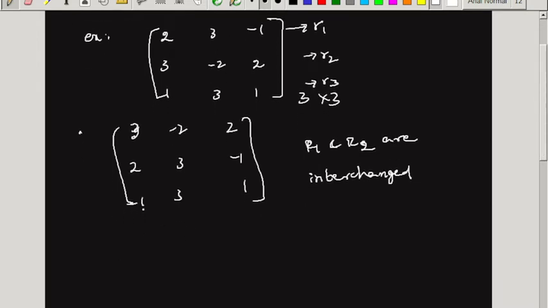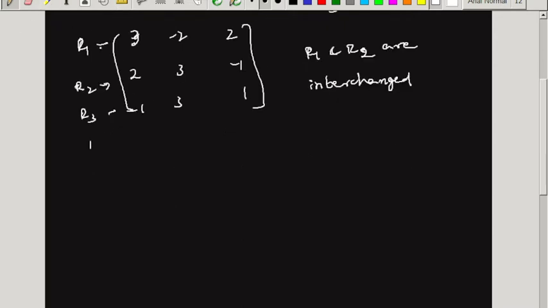So we can do like this also. Here the last row is multiplied by 3 and added to the first one. Let us consider this as R1 and this is R3. So we can do that: R3 equals R1 minus R2.